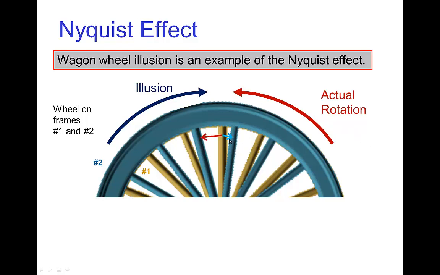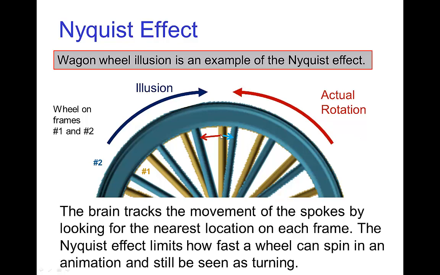And the reason is that the brain doesn't interpret the motion as being this spoke actually turning counterclockwise to this position. Instead, it imagines that this center spoke has rotated backwards and is now positioned here.